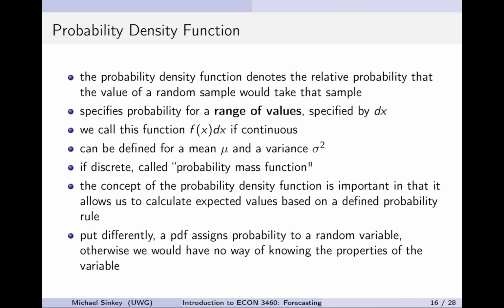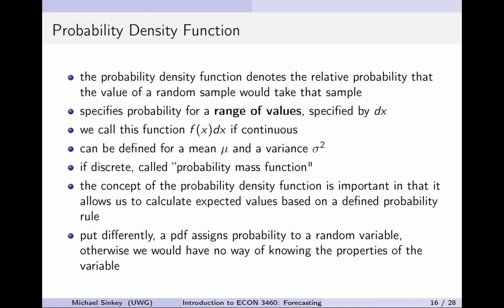So it's the assignment rule for the probability to the random variable. Now, we call it small f of x dx. Dx is the range of values of interest if it's continuous. And we define this within the context of a mean, mu, and a variance, sigma squared, for a random variable.